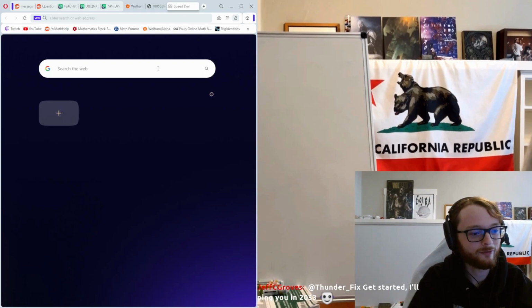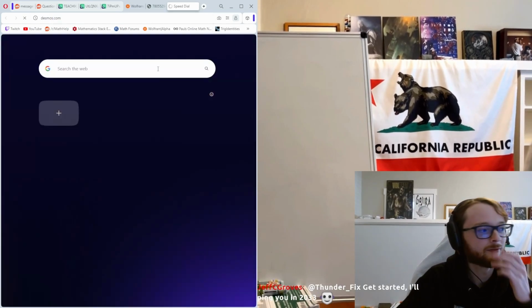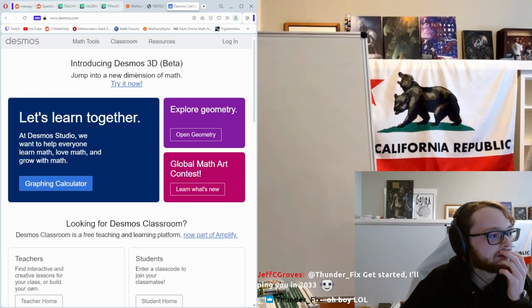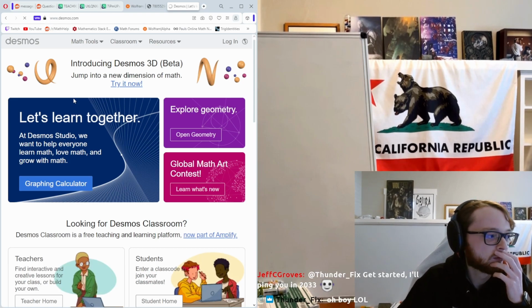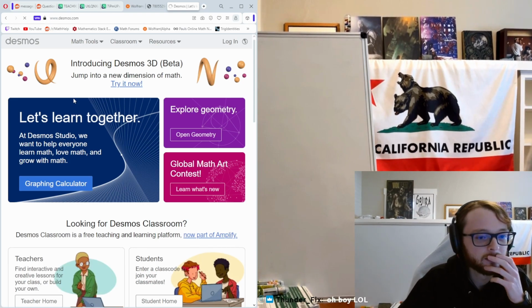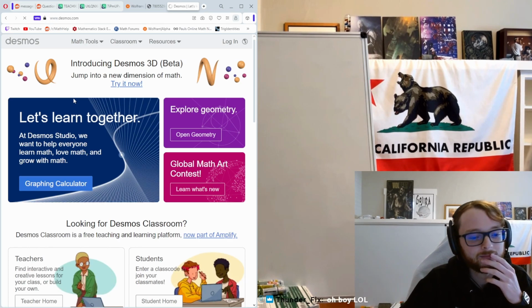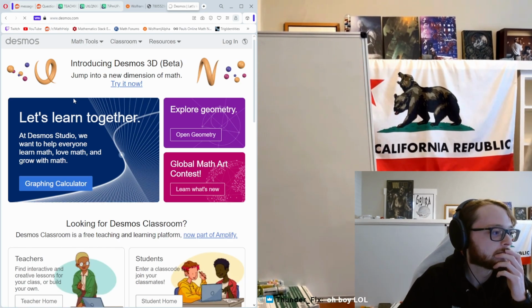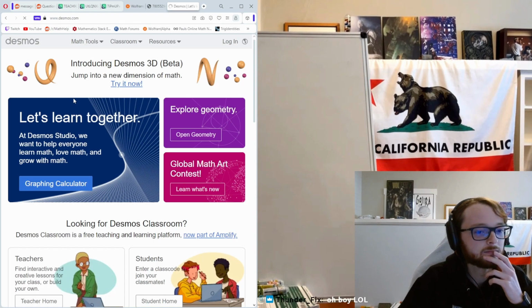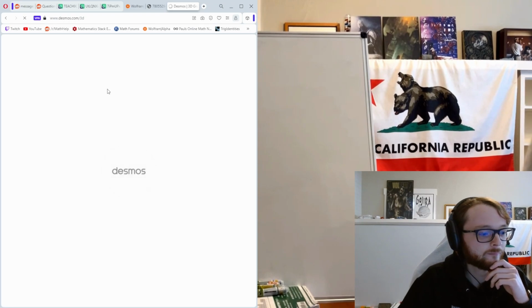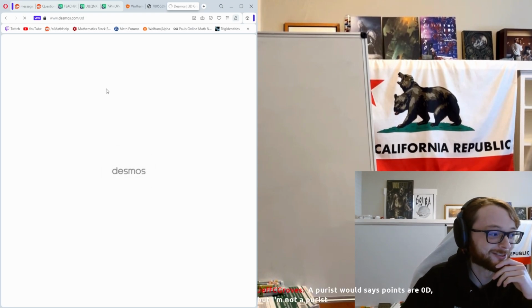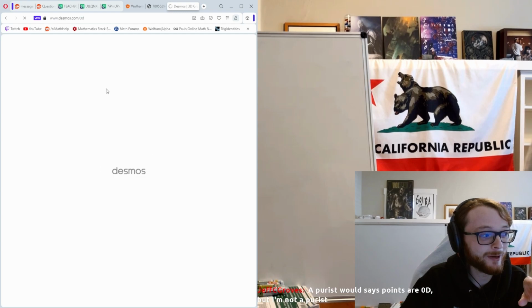Can we plot points in 3D Desmos? I assume we can. Points are zero-dimensional, but if it exists, a point could exist in 3D space, right?